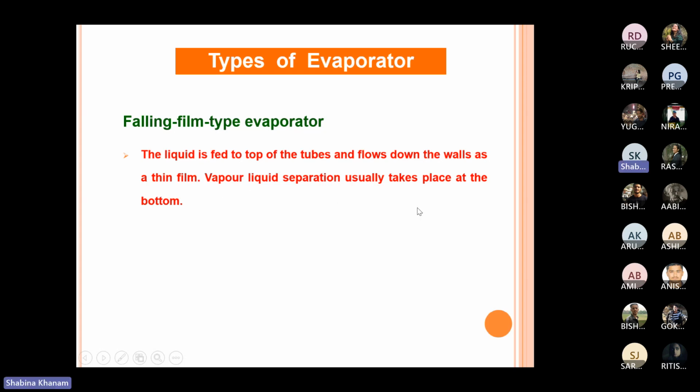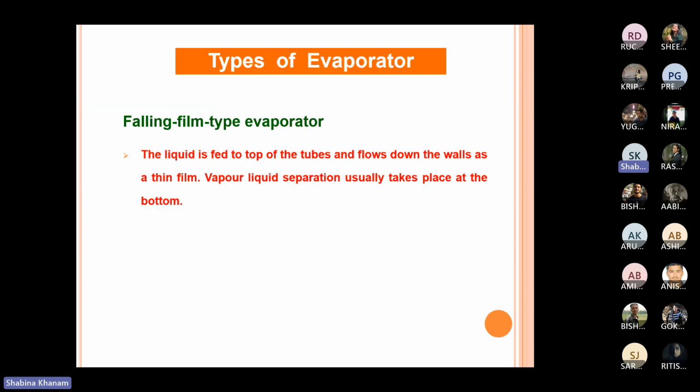Vapor liquid separation in this case is usually placed at the bottom, because liquid is entering from the top, and through vaporization vapor is generated, and that vapor liquid mixture moves down, because there is no place to move upward, as continuous liquid is coming from the top.